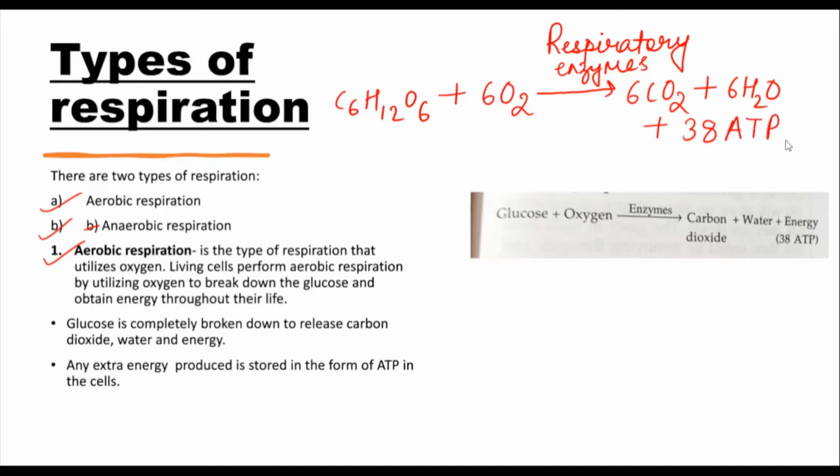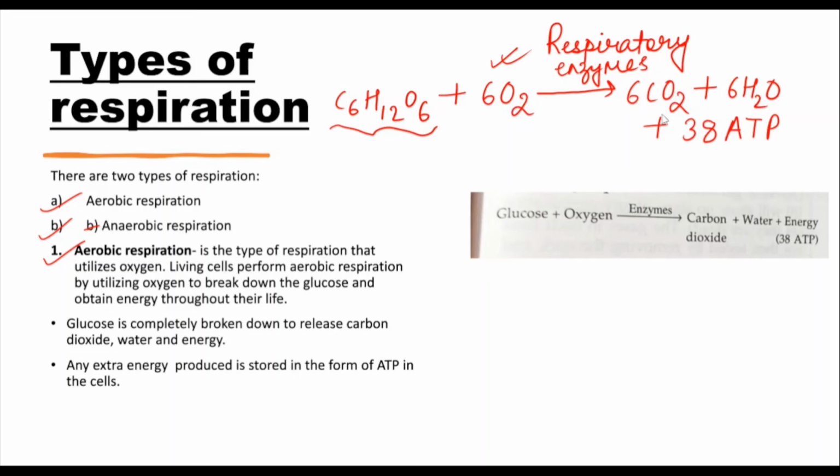I hope this is clear. Now here you can notice: first, utilization of oxygen. Second, very important, there is complete oxidation of glucose. You can see here children, glucose is completely oxidized into carbon dioxide, water and 38 ATP.